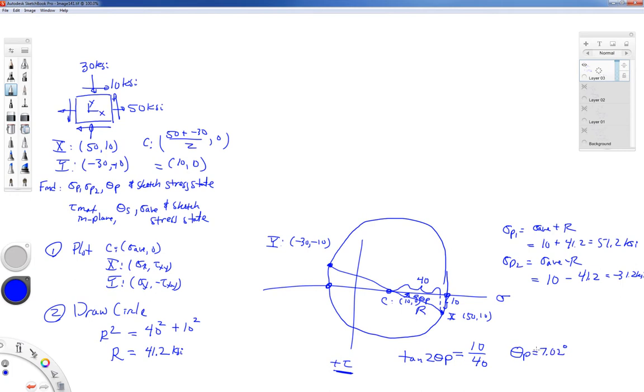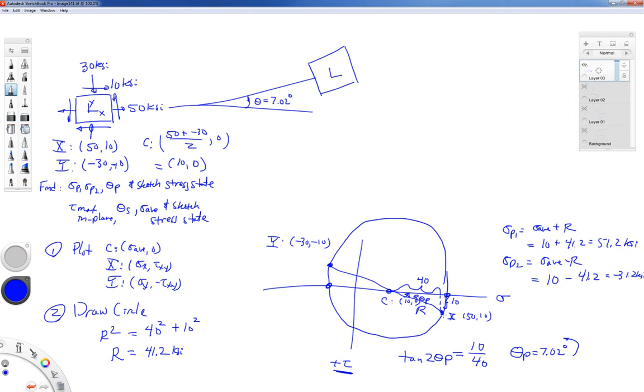The sense of rotation to align my x point diameter to my horizontal diameter is counterclockwise. So I come over to my x-axis, I go counterclockwise. It's not to scale. I go 7.02 degrees in the material to get to my principal stress state.